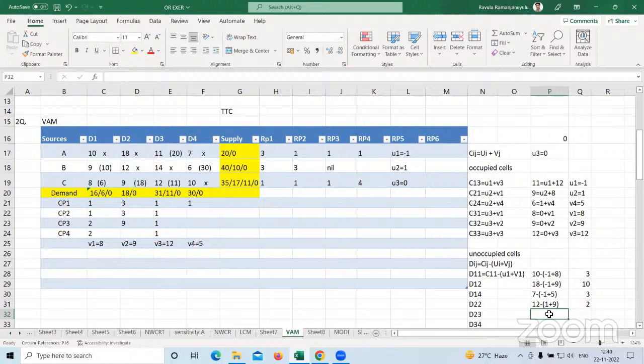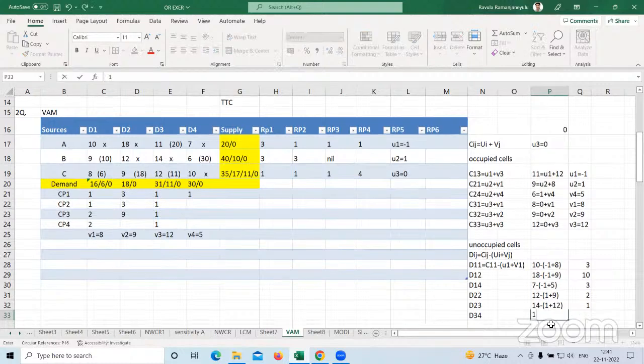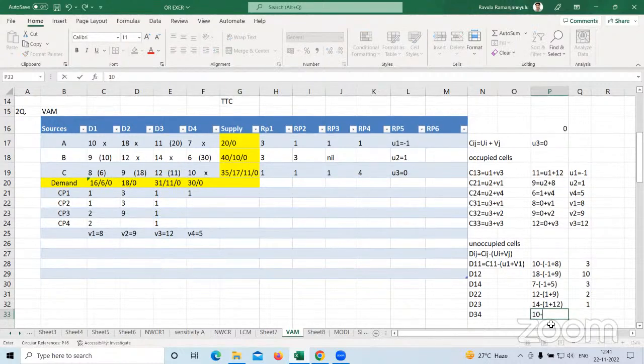Similarly, 2, 3. The cost is actually 14 minus of U2, which is 1, plus V3, which is 12. 12 plus 1 is 13. 14 minus 13 is nothing but 1. And 3, 4. The cost is actually 10. 10 minus U3 value, which is 0, plus V4 value.